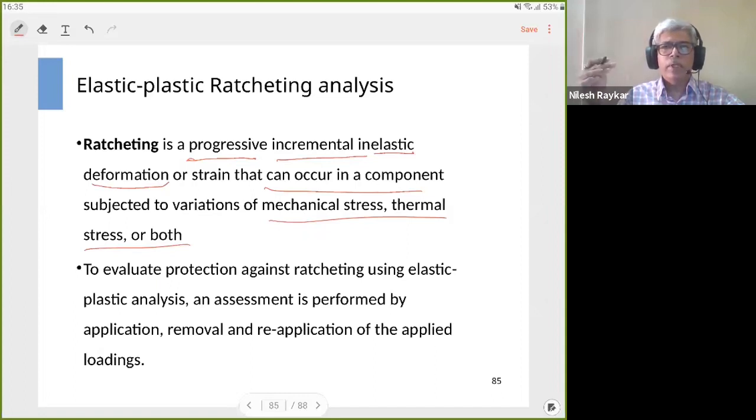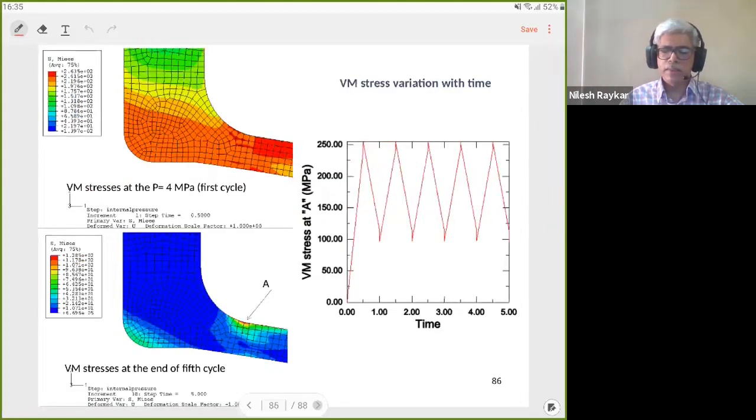But it will have some permanent deformation, and if this permanent deformation keeps on increasing cycle after cycle, that is where the ratcheting check comes into the picture. It should not increase in an uncontrolled way; the deformation should be limited to a certain value. It should stabilize at a particular deformation level. That is what is confirmed in the ratcheting analysis, and it can be done by plotting the displacement or stress level at any point versus time.